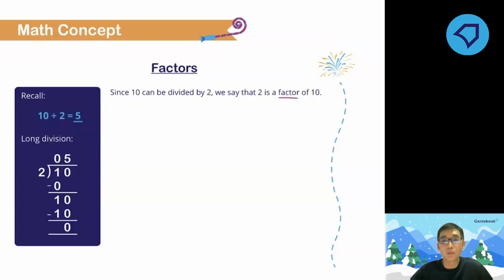Now, why do we call 2 a factor of 10? This is because we can see that 10 can be divided by 2 without remainder. All right, so a factor of 10 has to be a number that divides 10 without any remainder.